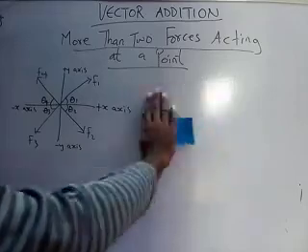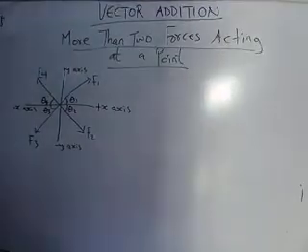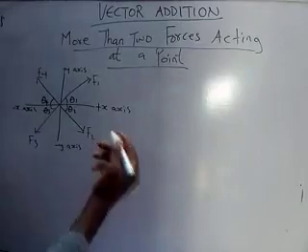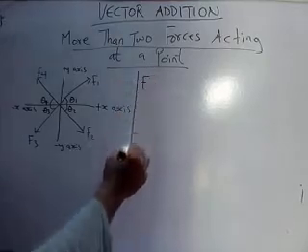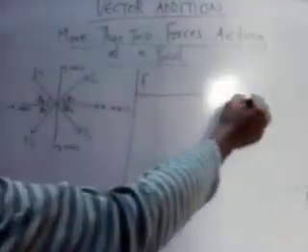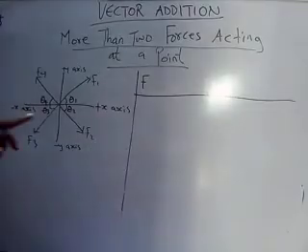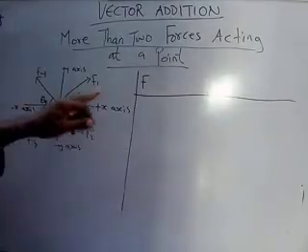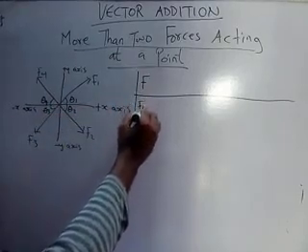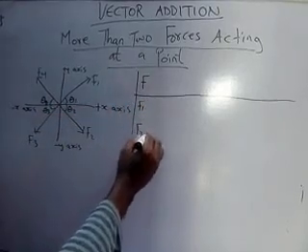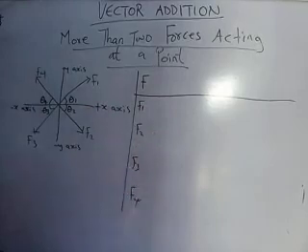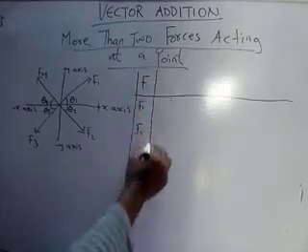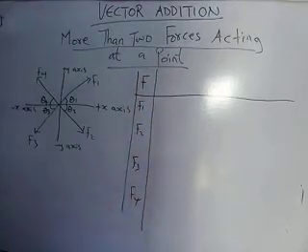Then we move ahead with what I'm about to do now. When I have more than one force acting at a point, I draw out my table. In terms of force, I have my F1, F2, F3, and F4. Next, I get my angle.